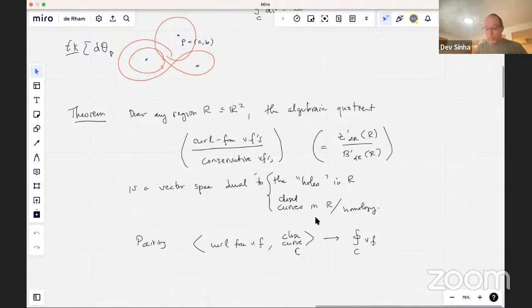More democratically, the basic object is a pairing. Whether I'm more interested in curves to begin with or vector fields to begin with, I'm going to be agnostic. I'm just going to say there's a way to take a vector field and a curve and make a number.